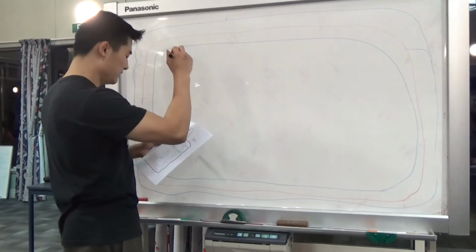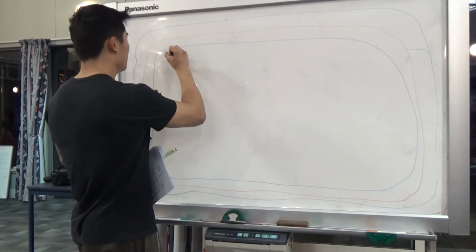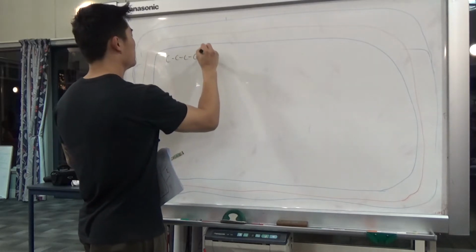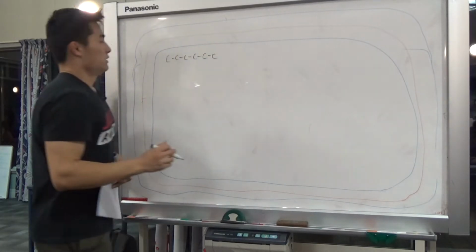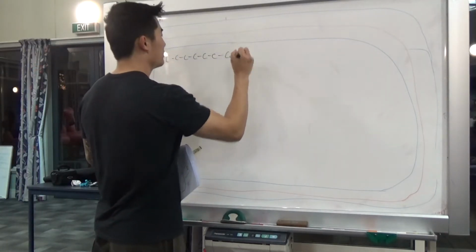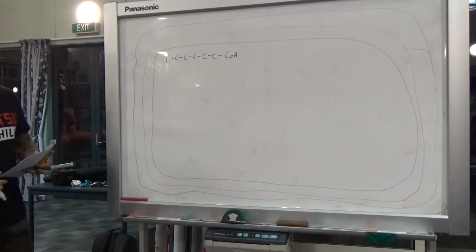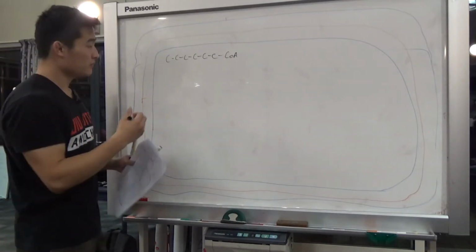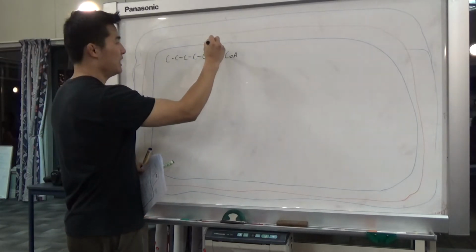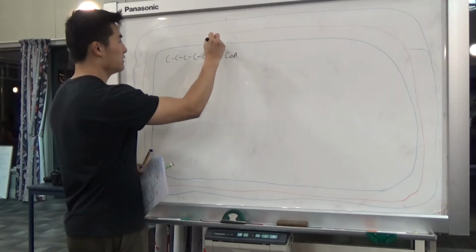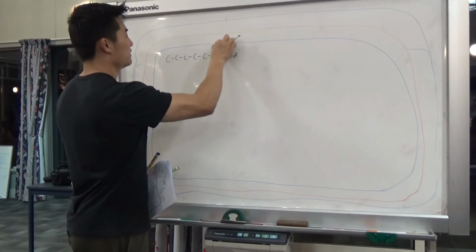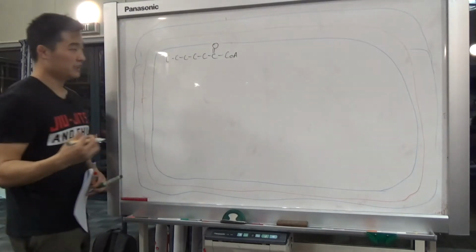We're going to draw a 6-carbon fatty acid, and we'll have our CoA attached to it. So it's an acyl-CoA. This last carbon here will have a double bonded oxygen.